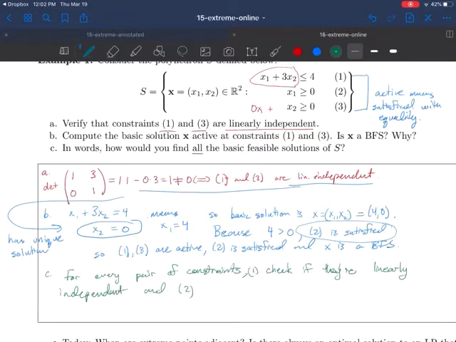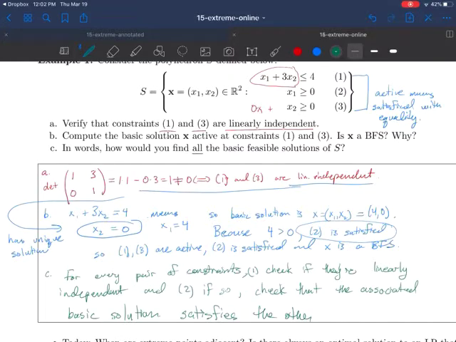And then two, if so, check that the associated basic solution satisfies the other constraint.